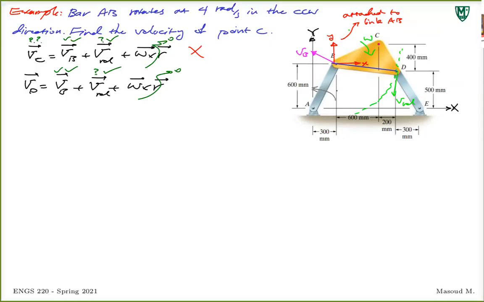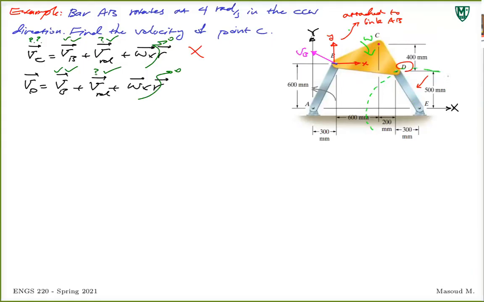The big change that is going to help me is that now I know the direction of the velocity for point D. Why? Because point D is also part of link BD, link DE. This point is part of this link. That means I know its direction. It can only rotate about this point.